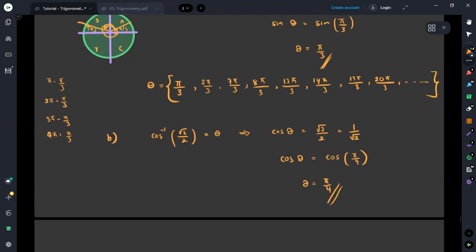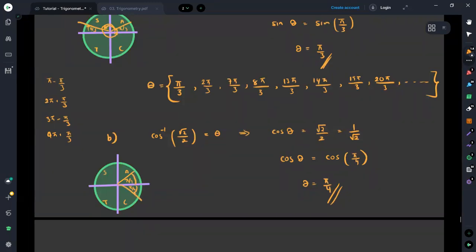In a similar manner, if you need, we can consider the quadrant rule as well. According to the quadrant rule, what we know is cosine is positive in the first and the fourth quadrant. Then if you measure phi over 4 in this direction, we'll get the value, and if you measure the angle in this direction, again we are getting the value.